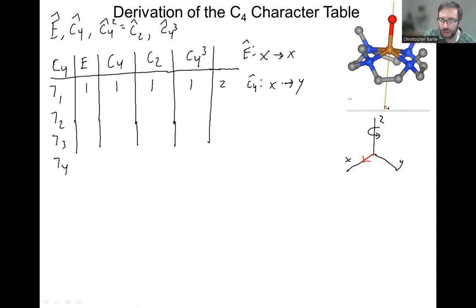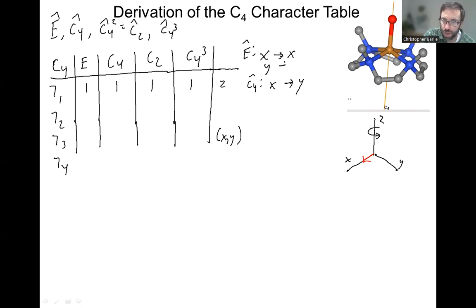And now we have a problem. We immediately see that x cannot be defined in terms of just itself. It relies upon y. And so when we see that, it tells us that x and y are going to transform together, okay? So I'm going to put down a function, x comma y. I don't know what the characters are yet, but we're going to figure that out.